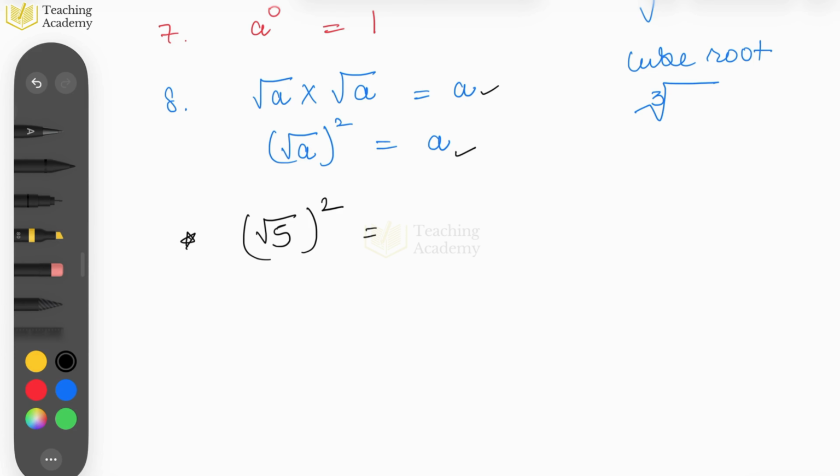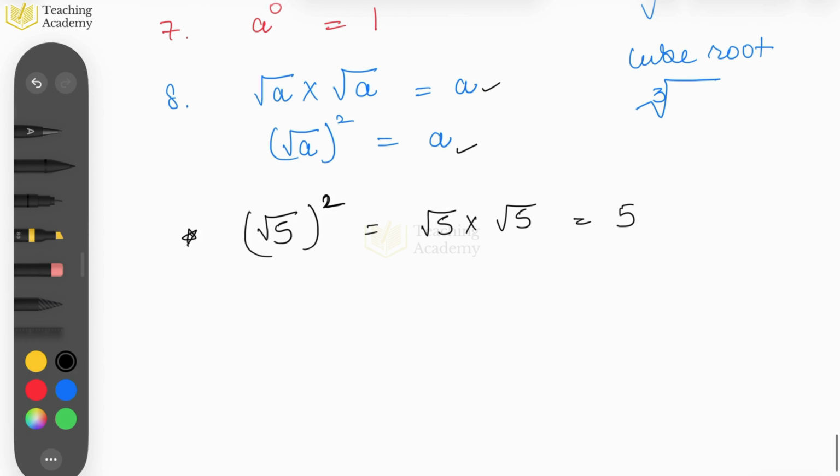Otherwise, if you understand that this is a square root, you just make a square as one pair, like root 5 times root 5, which of course gives you 5. This power means that the same thing is occurring two times. That means you are going to make it a whole number, right? So that's how we write it.